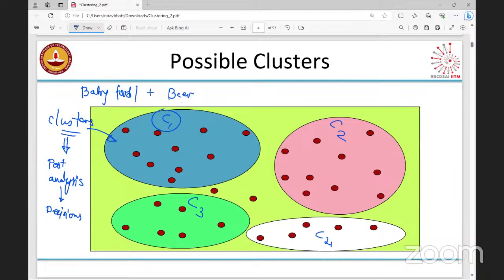Now we find this very strange. Baby food and beer: it's mostly a beverage, exactly opposite to the food taken by a particular different segment of people. But then people tried to analyze those who were buying these items.